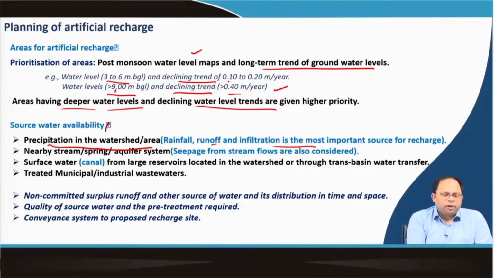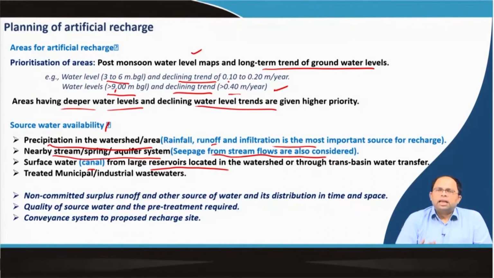Or we can go for nearby streams, springs or aquifer system, and then we can consider seepage from the stream flows that will actually recharge this particular area. So, that could also be a possibility. Then surface water using canals from large reservoirs located in the watershed or through transbasin water transfer. That means, if locally there is no water available, it is an arid region, we need to get water from somewhere else.